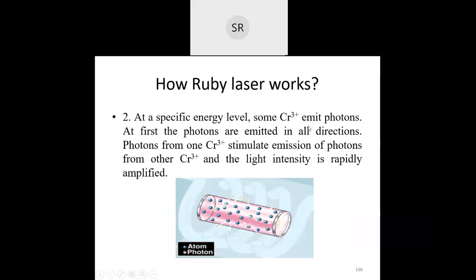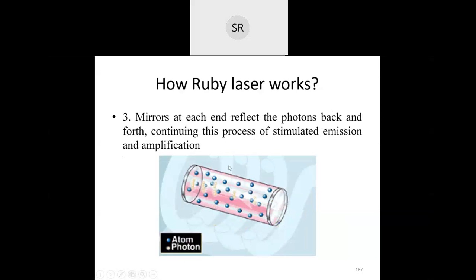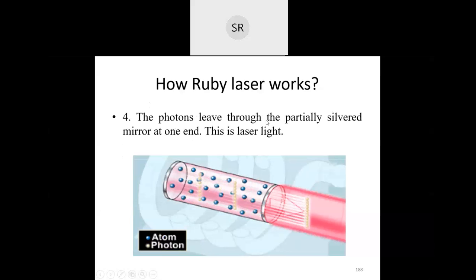At a specific energy level, an atom emits a photon, so the light intensity is rapidly amplified. Mirrors at each end reflect the photons back and forth, continuing this process of stimulated emission and amplification. The photons leave through the partially silvered mirror at one end. This is the laser light.